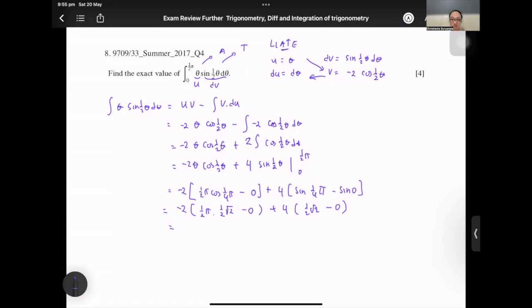So it becomes negative 1 over 2 pi root 2 plus 2 root 2.